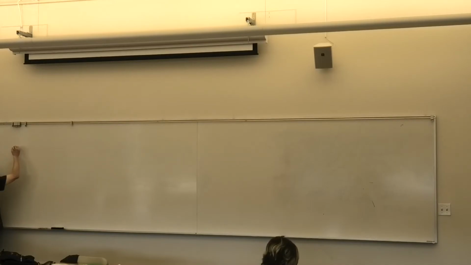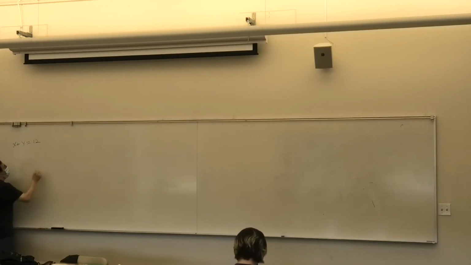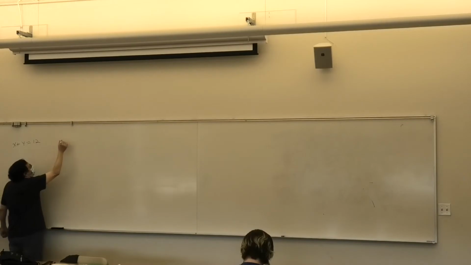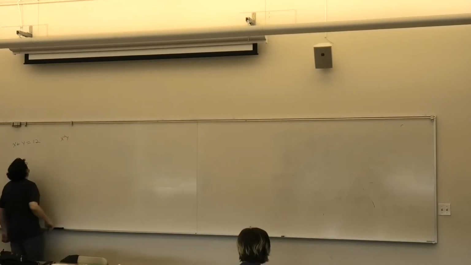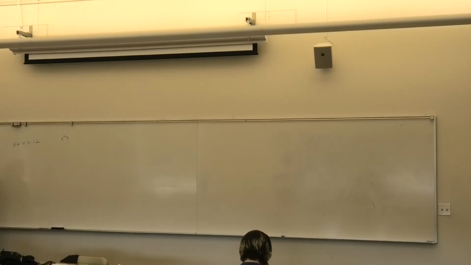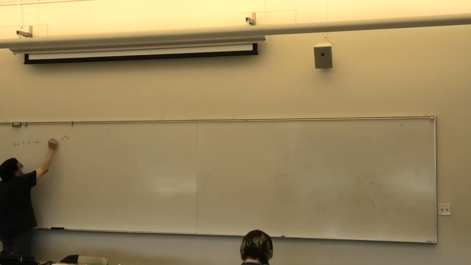So here's just an example I was thinking of earlier. You have x plus y is equal to 12. And let's make it a little better: let's say we want to maximize x squared y. So that's some function we're going to maximize.